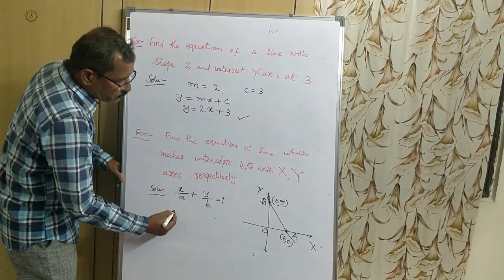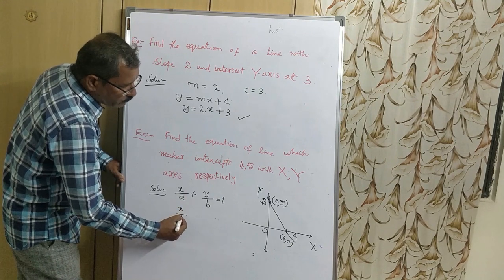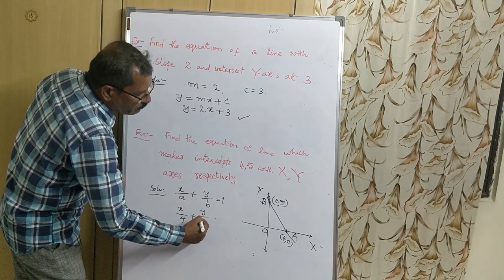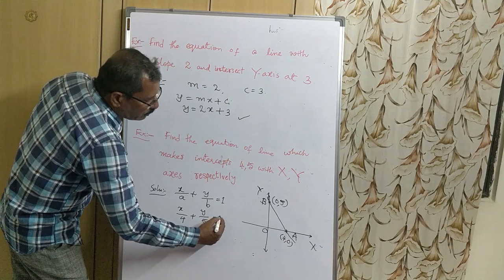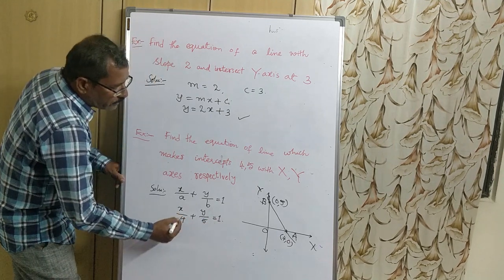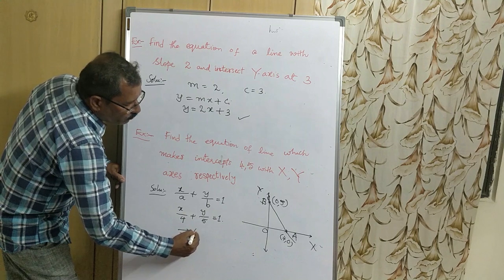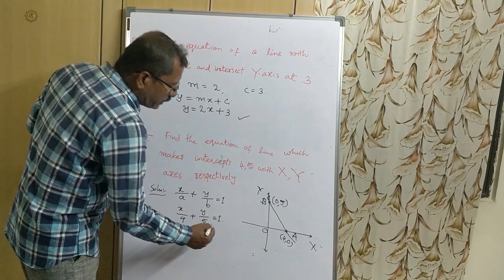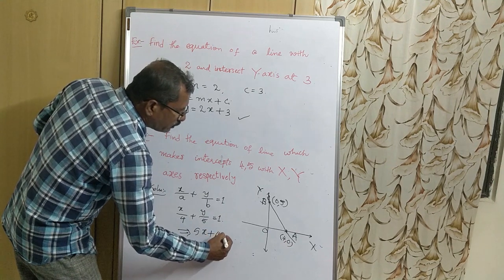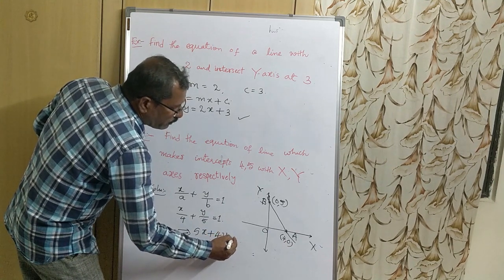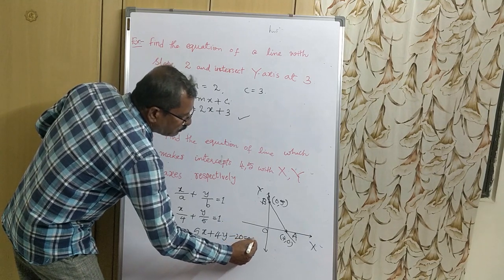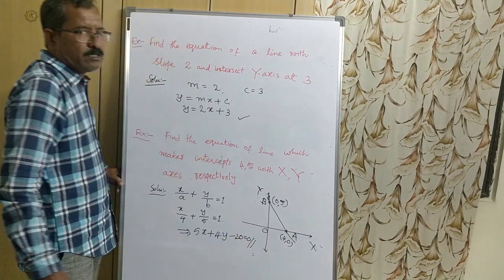So this one is x by 4 plus y by 5 is equal to 1. Or you can write it as 5x plus 4y minus ab is equal to 0, that is minus 20 is equal to 0. Like this also you can write.